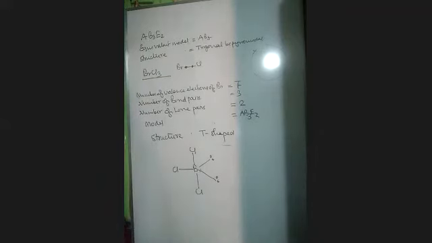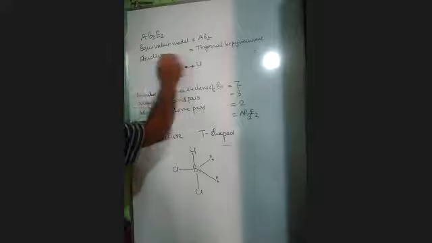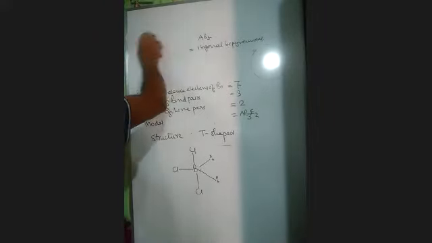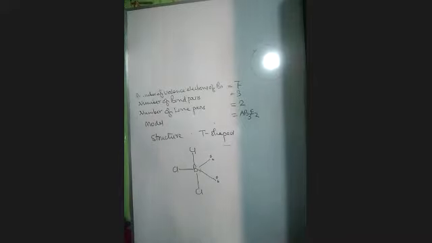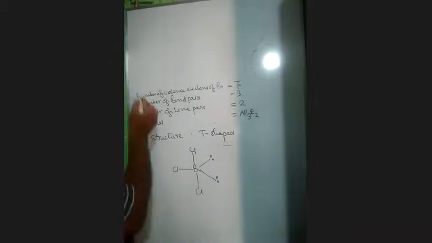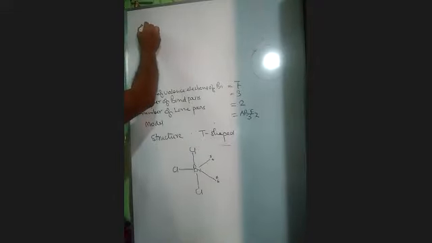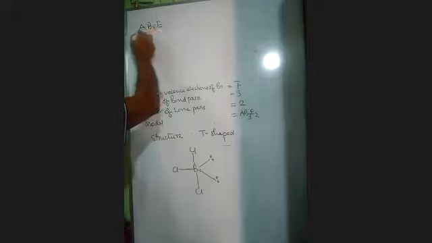This is the one. Now you have AB5E. What is the equivalent structure?